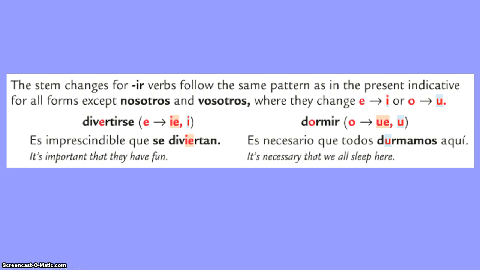Es necesario que todos durmamos aquí. But if I had wanted to say it's necessary that I sleep here, I could have said es necesario que yo duerma aquí. So we want to make sure we keep track of this weird stem changing thing with IR verbs in the nosotros and vosotros form.